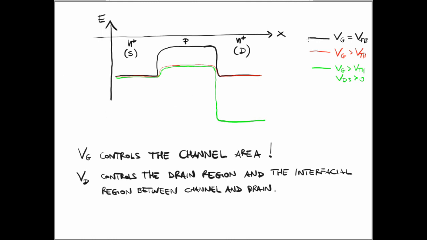So when we are at flat band, we have the black curve, as we explained previously. Then as we apply a gate voltage above the threshold, we are inverting the channel, and so we get the red curve here. And then when we apply also a certain drain voltage, we get the green curve.